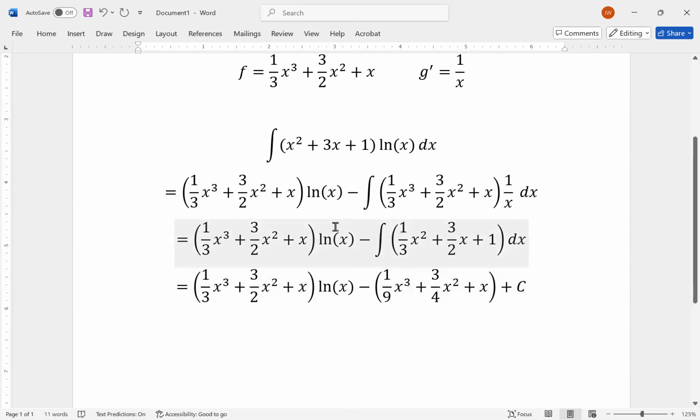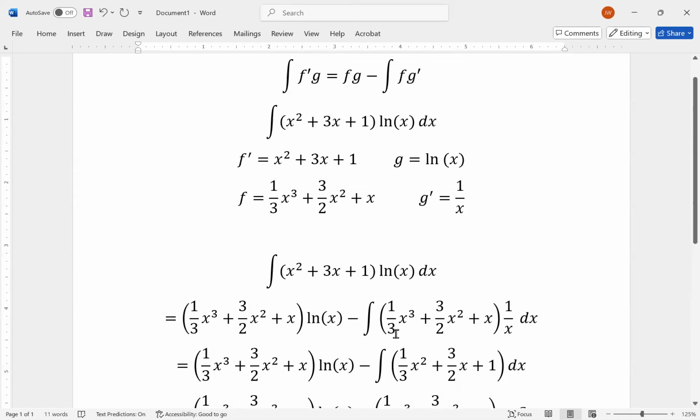So if I want to find the antiderivative of x squared plus 3x plus 1, all multiplied times natural log of x, I get this. 1/3 x to the third plus 3/2 x squared plus x, all times natural log, minus the entire polynomial, 1/9 x to the third, 3/4 x squared plus x, plus, and then tack on that plus c at the end.